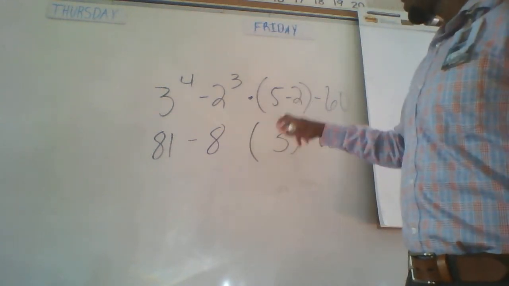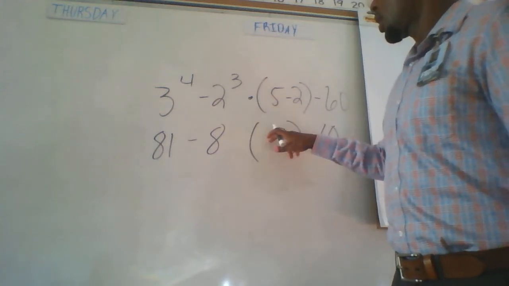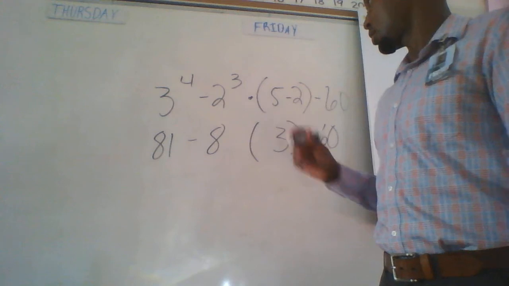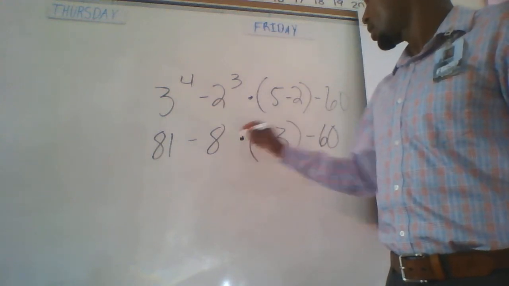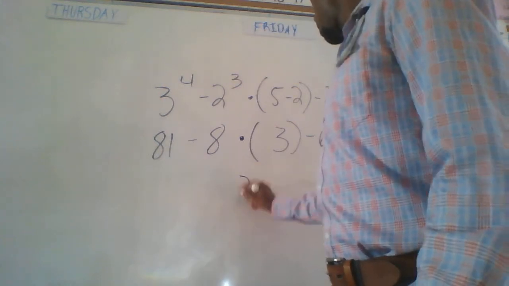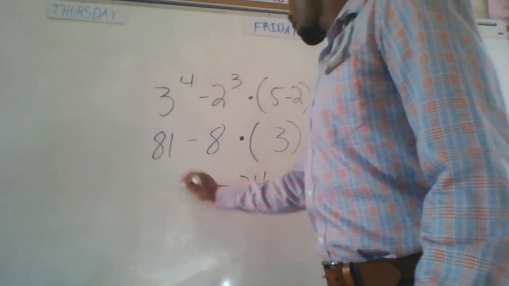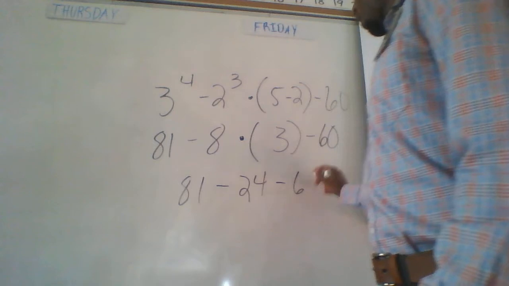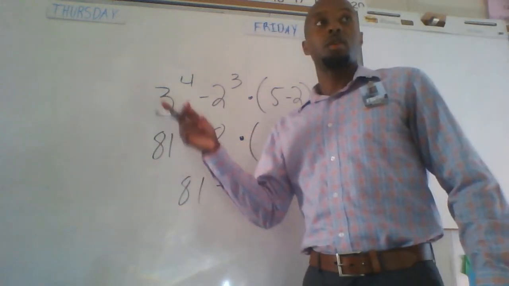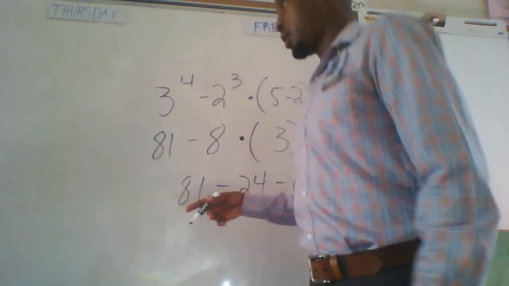So we did our parentheses, or our groupings. Then we did our exponents. After that we have to do multiplication. Don't forget that. This is times. So we do 8 times 3 is 24. And then we bring everything else down. So we got 81 minus 24. 81 minus 20 is 61.